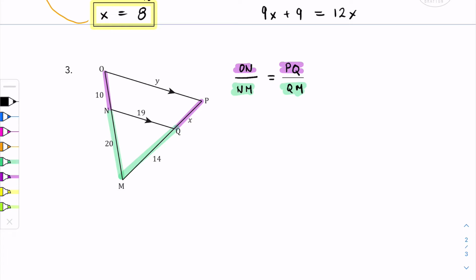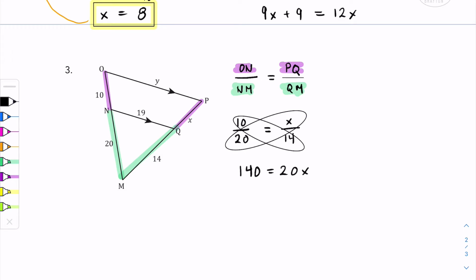When I substitute my values in, I have 10 over 20 is equal to x over 14. Cross product property, and I have 140 is equal to 20x. Divide both sides by 20, and x is equal to 7.